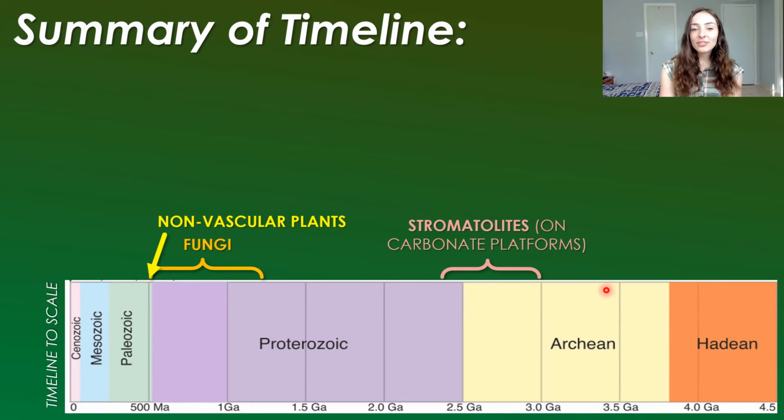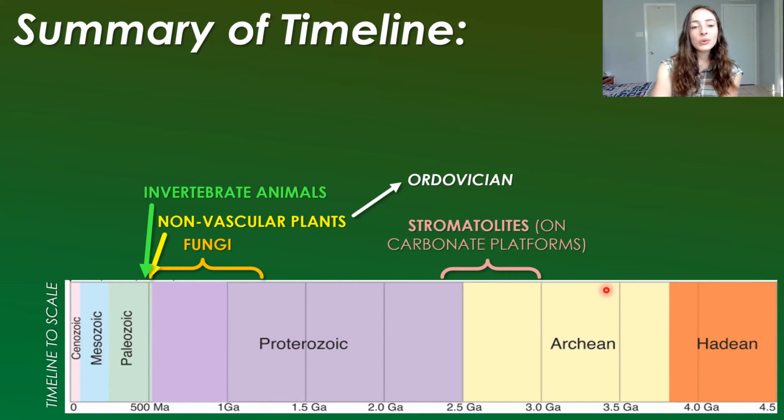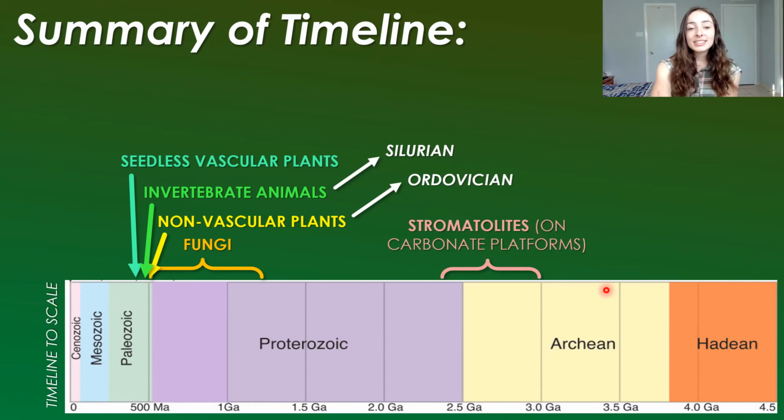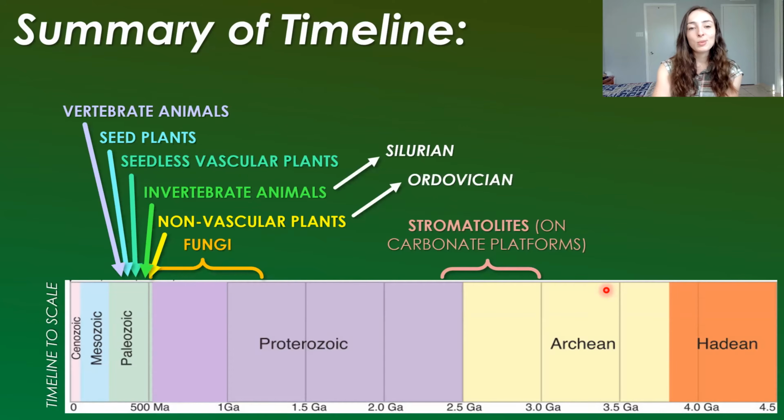And then we had non-vascular plants come on the scene in the mid-Ordovician around 480, 470 million years ago. And then invertebrate animals coming on the scene in the Silurian, so those millipedes and wingless insects and whatnot. Then seedless vascular plants, seed plants, and vertebrate animals all coming in the Devonian, which went from around, I think, 420 million years ago to 360-ish million years ago.